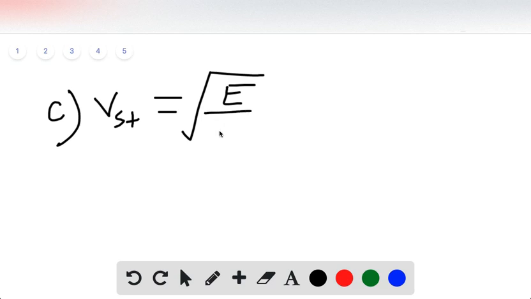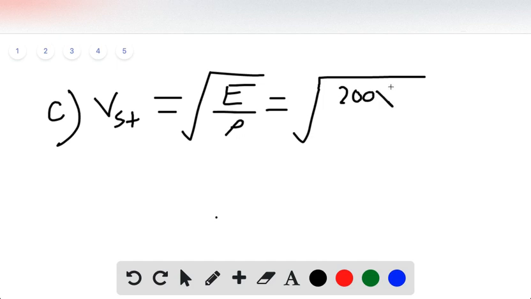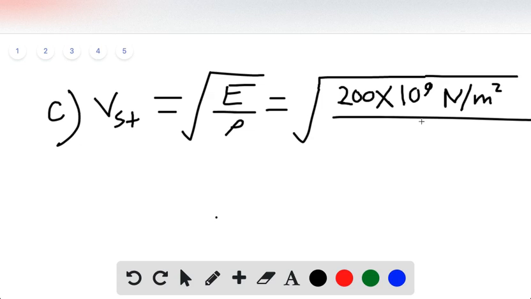Okay, and finally, you have for steel, ST to denote steel, the same thing, elastic modulus over density, and we find from the tables 200 times 10 to the 9 newtons per square meter divided by the density of steel, which is 7,800 kilograms per cubic meter.